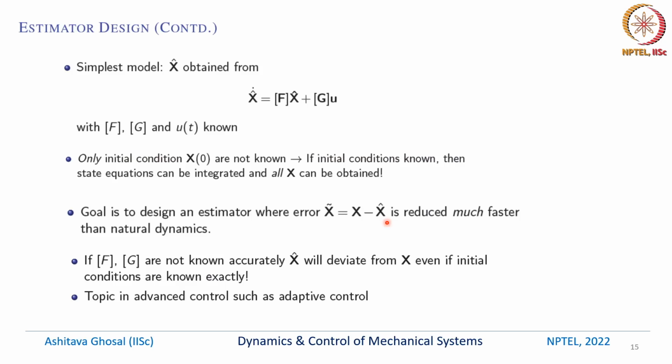If f and g are not known exactly or not known accurately, x hat will deviate from x, because if this f is different than the plant f, or this g is different than the plant g, then of course x hat will deviate from x. This is a topic in advanced control such as adaptive control, and we will not discuss it in this lecture.